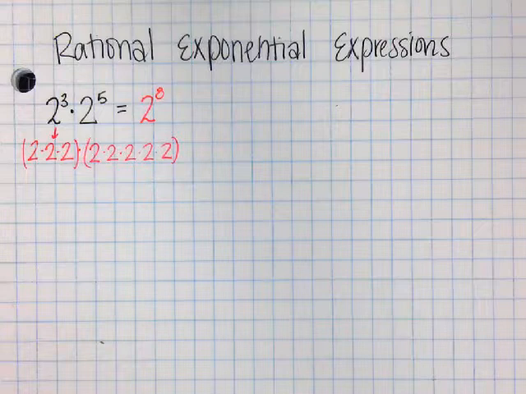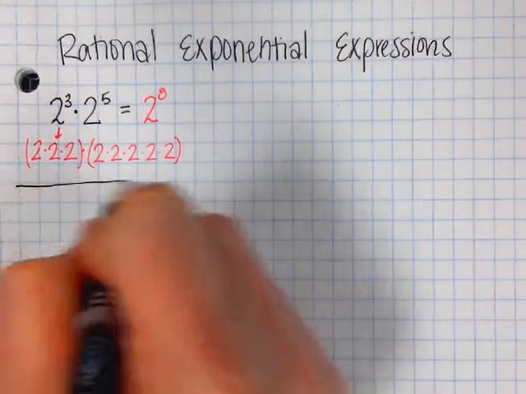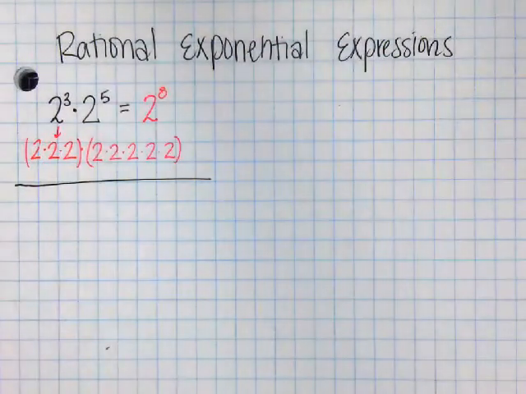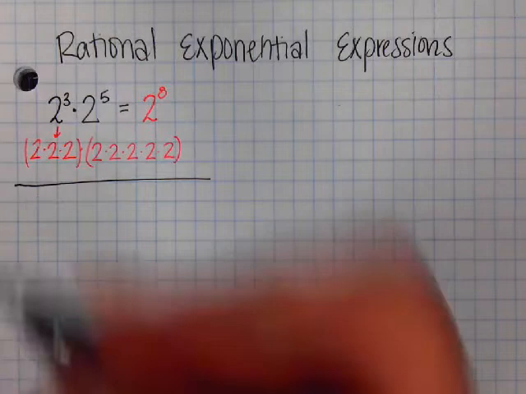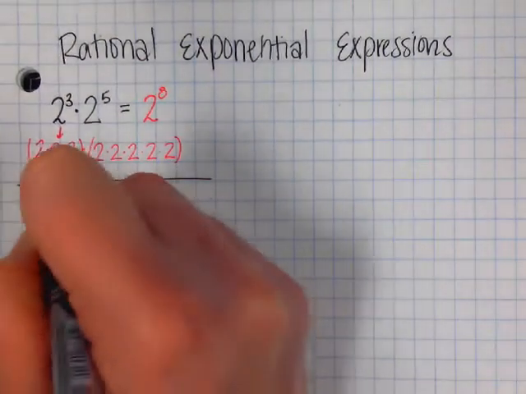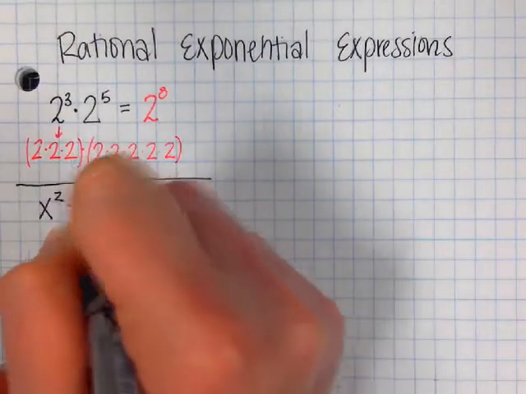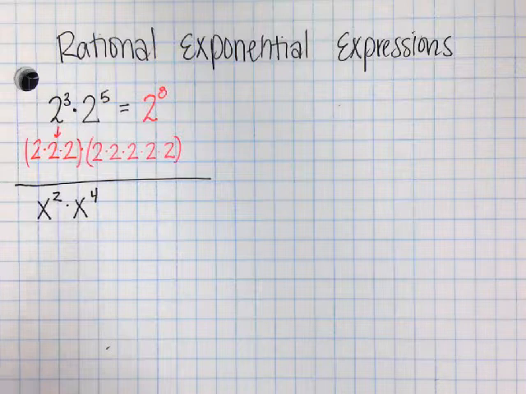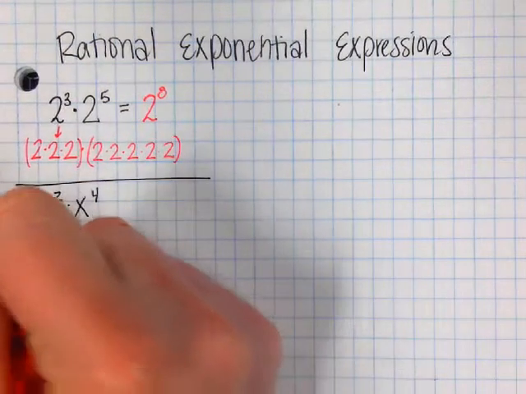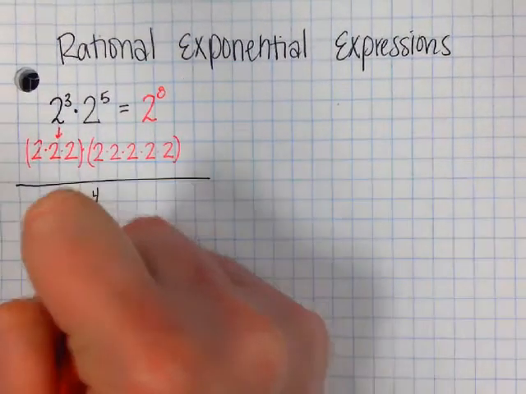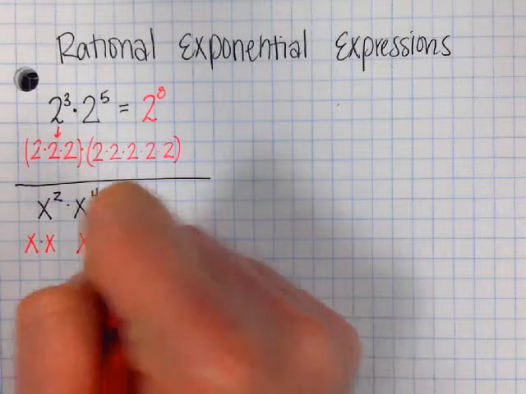Okay, let's do one with variables, and we're going to write out a rule in just a second. So x squared times x to the 4th. So again, you have x times x, and then you have x times x times x times x.